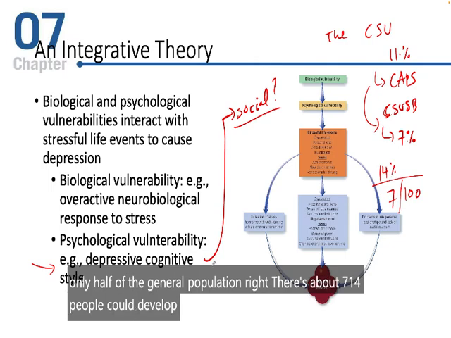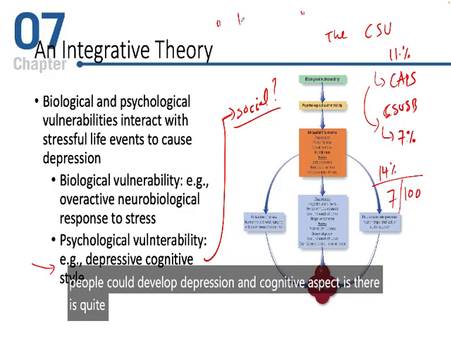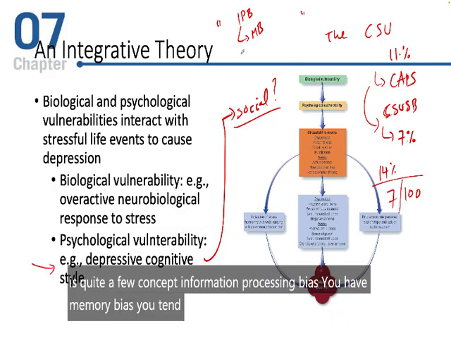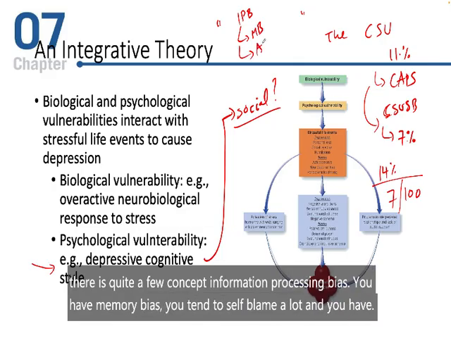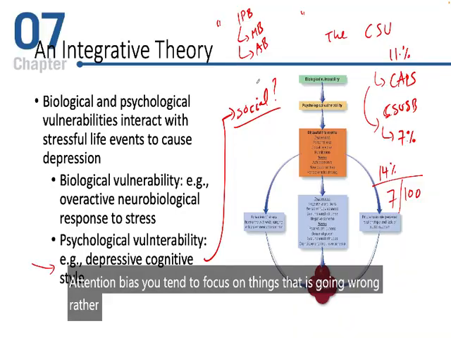And the cognitive aspect has quite a few concepts, like information processing bias. You have memory bias. You tend to self-blame a lot, and you have attention bias. You tend to focus on things that are going wrong rather than overall happenings.